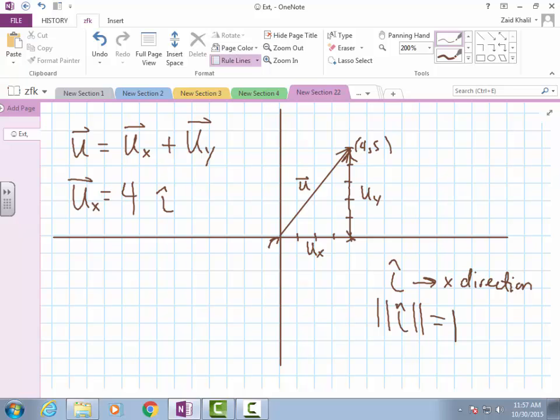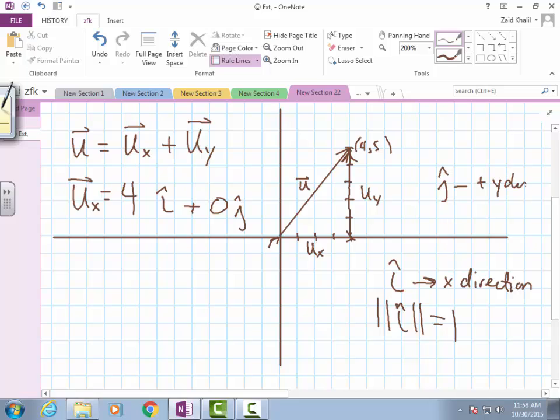But wait a second, we're in two-dimensional space, right? So can that really describe that vector in 2D space? And the answer is no. What do you need? Yes, you need the j hat. So in other words, it's 4 i hat plus 0 j hat, where j hat signifies the positive y direction. And yet again, it has magnitude of 1. And by the way, this means magnitude.